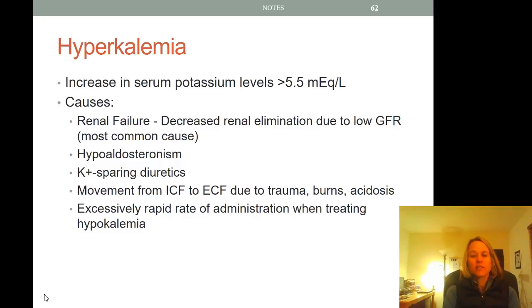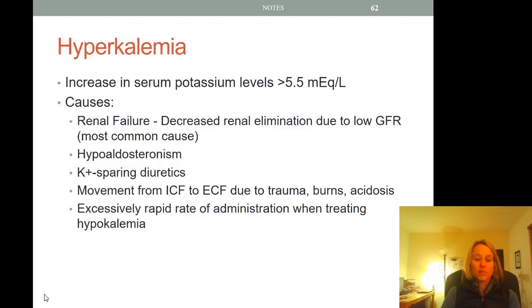Hyperkalemia is an increase in serum potassium levels greater than 5.5 milliequivalents per liter. This can be caused by renal failure, which is the most common cause, and that's with kidney failure. We have a decreased glomerular filtration rate, so we're just not able to rid the body of enough potassium. Hypoaldosteronism, so we're not secreting enough aldosterone, because remember, aldosterone causes potassium secretion.